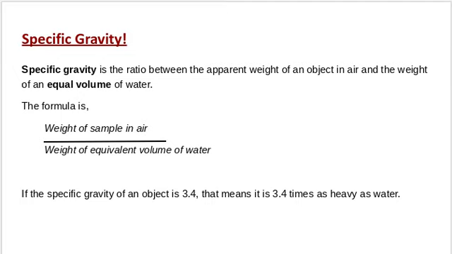So it's important to note that mass is not the same as weight, because mass will stay the same, whereas weight will be very different, because you'll weigh less on the moon and you'll weigh more on Jupiter. Now, specific gravity is the ratio between the apparent weight of an object in air and the weight of an equal volume in water.